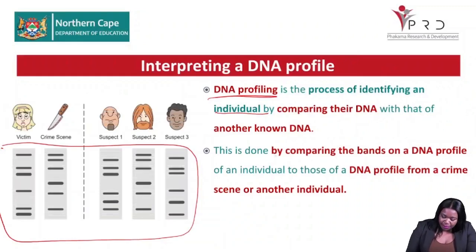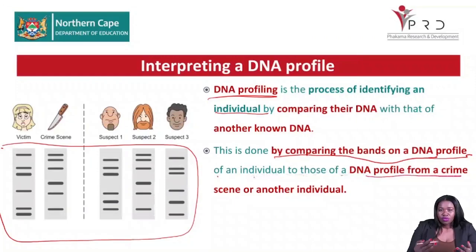This is done by comparing the bands on the DNA profile of an individual to those of a DNA profile from a crime scene or another individual. We can do this in paternity testing, comparing the mother, the child and the father to see if they are the parents of that child, or to check if a certain person has actually committed the crime.